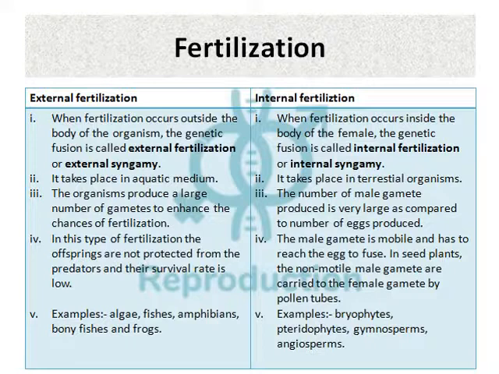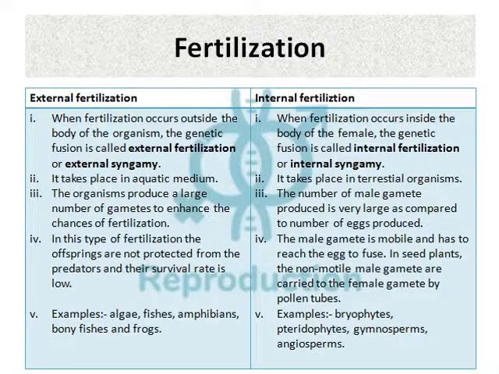So, if we talk about external fertilization, it usually takes place in aquatic animals. This is because external fertilization needs a medium, and water acts as a good medium for fertilization of the gametes, right? Now, in this case, both the male and the female gametes are produced in large numbers, so that the fertilization rate increases.